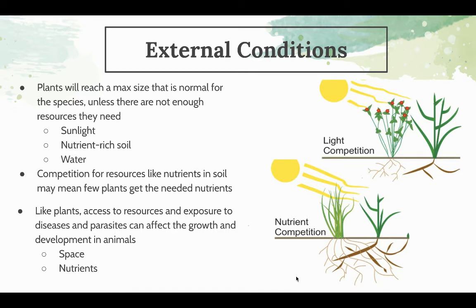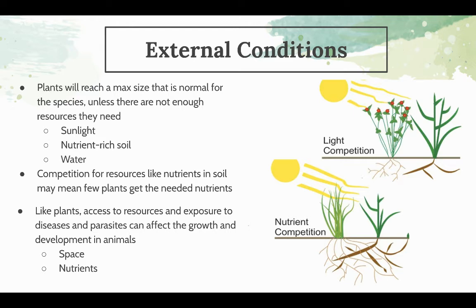Okay? And like plants, access to resources and exposure to diseases and parasites can affect the growth and development in animals as well. These can be space or nutrients. So in terms of space, let me give the example of a goldfish.